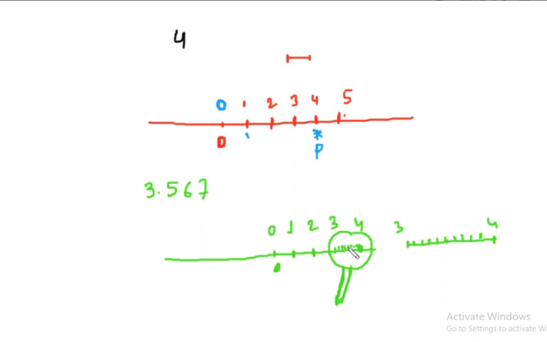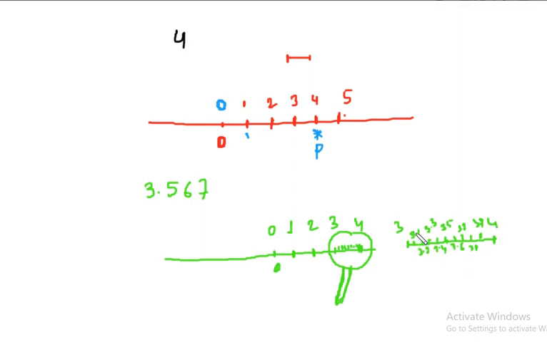So you go to 3.5 here, and then between 3.5 and 3.6. This is 3.1, this is 3.2, this is 3.3, then 3.4, 3.5, 3.6, 3.7, 3.8, 3.9, and this is 4.